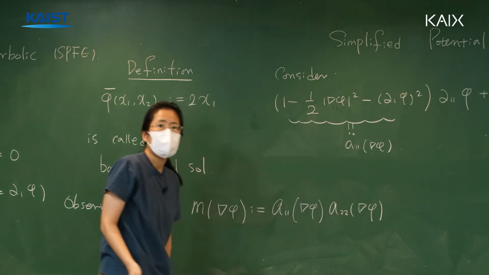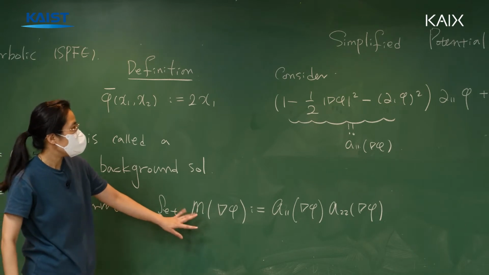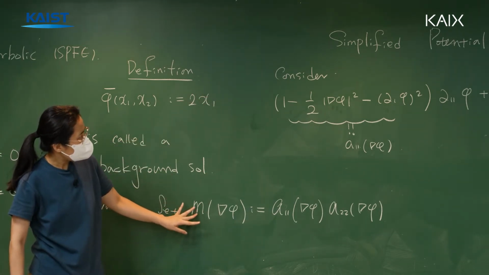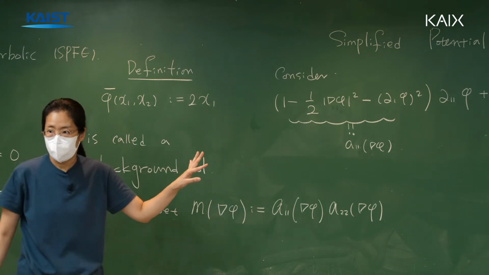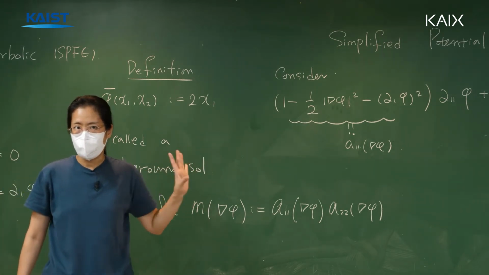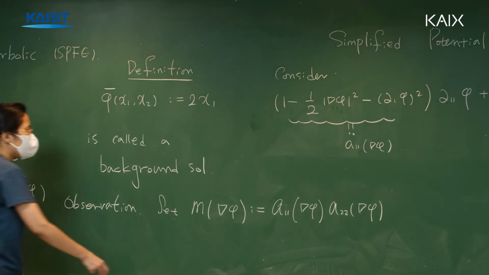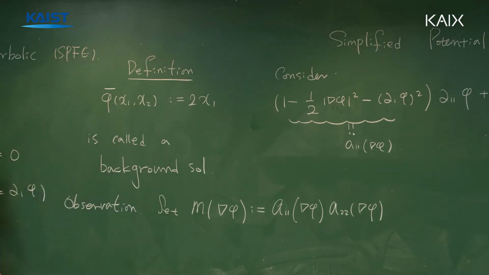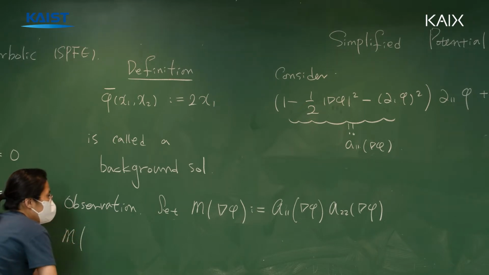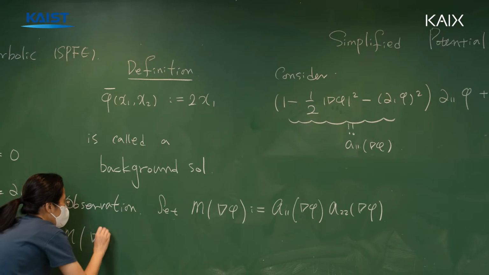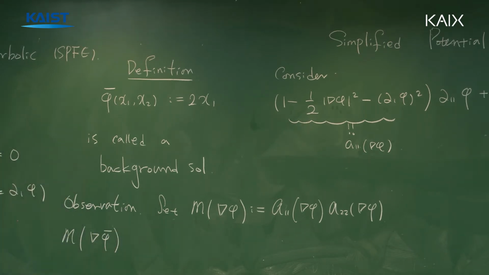We already know that if the sign of M is positive, the equation is elliptic. If the sign of M is negative, the equation is hyperbolic, right? That's what I've been repeating so far. So now let us compute M at the background solution, okay?